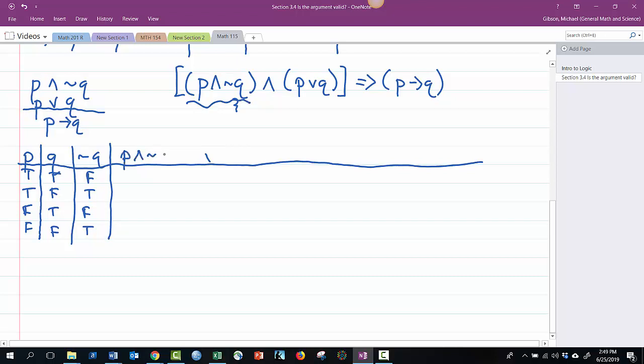P and not Q. All right, and is true only when they're both true. And in this case, that's only here in the second row. It's the only place where P and not Q are both true. All right, so all the others are false. Our next one is P or Q here.